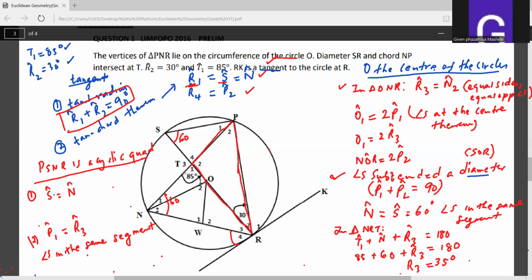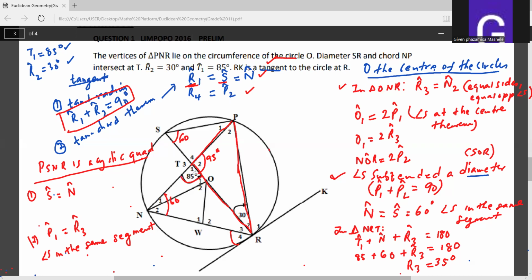T1 is an exterior angle in this triangle. Or another way would be, if we don't see that, T1 and T2 are on a straight line. So we can get T2 by saying 180 minus 85. So T2 is 95. This angle here, it's 95. Why 95? Because 95 plus 85 is 180.